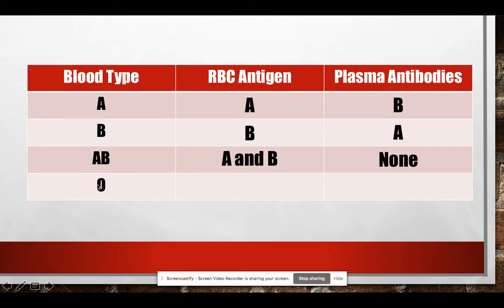And just the opposite, if I am type O blood, O means 0, I have no antigen present on the surface of my red blood cell. And if I have nothing present as an antigen, that means that I'm going to have everything present as an antibody in my plasma. I'm going to have both A and B antibodies there.